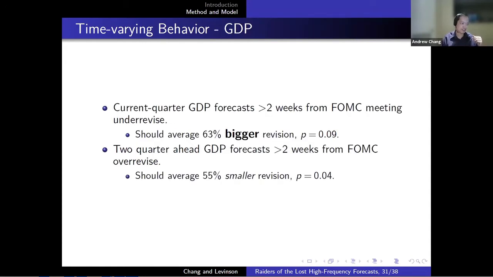Okay, so what we find is that the inefficiency in the staff's GDP forecasts is concentrated in those projections that are far away from the FOMC meeting. So it appears that the GDP forecasts, at least, that are made close to the FOMC meeting are efficient. And then roughly speaking, even for the forecasts that are far away from the meetings, the growth rates are wrong, but the levels are about right.